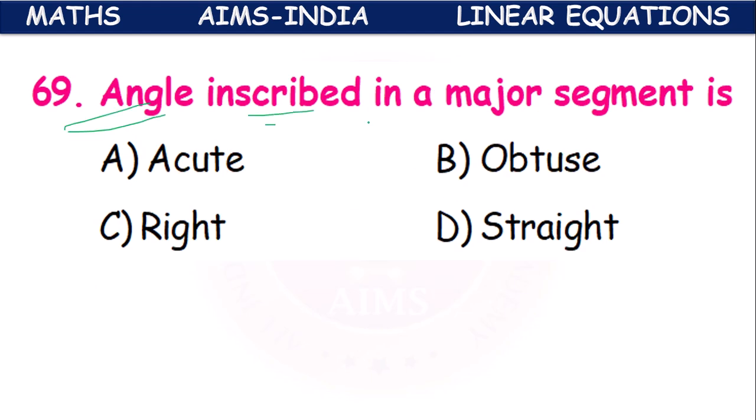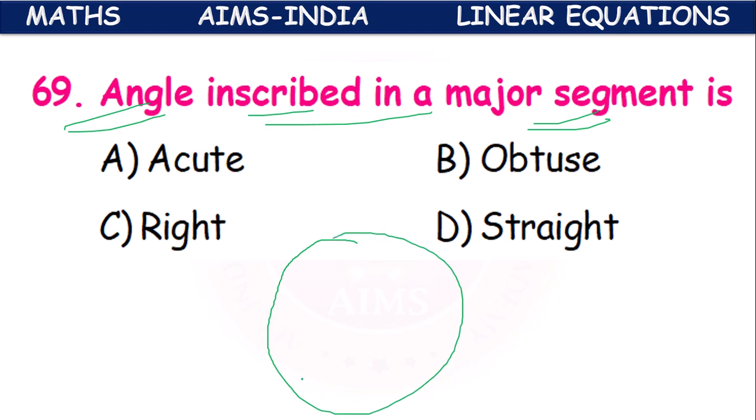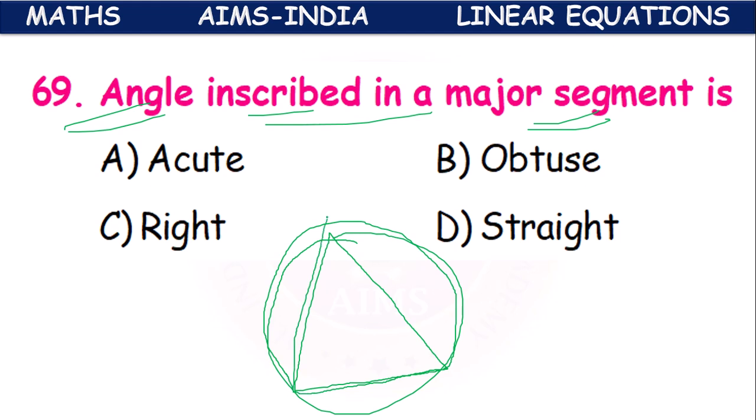So angle inscribed in a major segment. The above part is the major segment. The angle inscribed means from any point to this chord's end points, if we draw lines, an angle is formed.